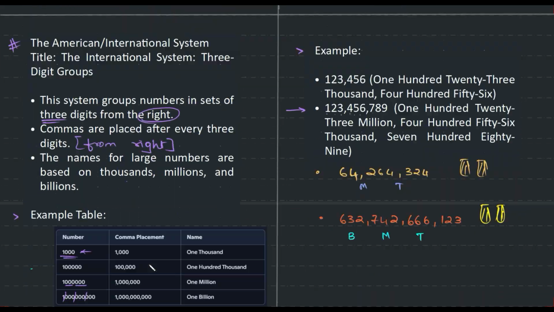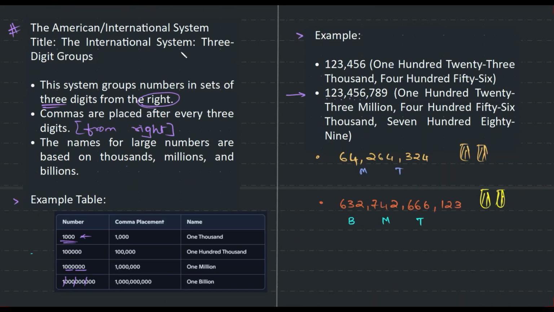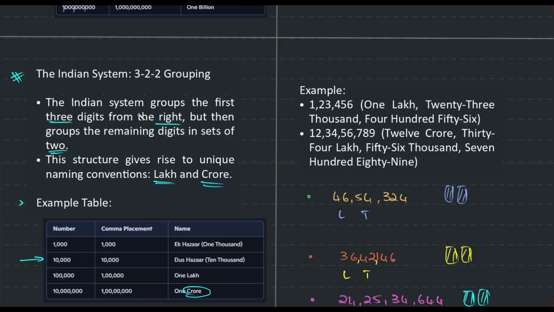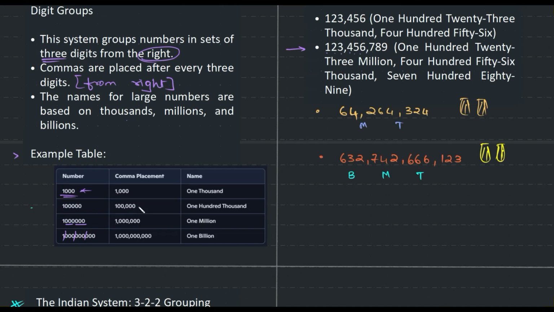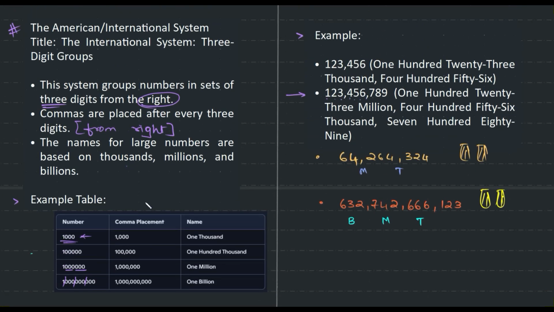There are two ways of grouping them: the international system and the Indian system. We have to be very well versed with both, because we read these numbers day in, day out, in newspapers or news.